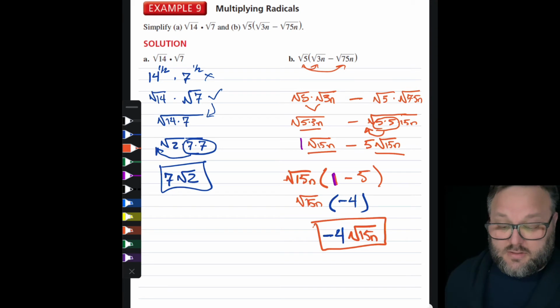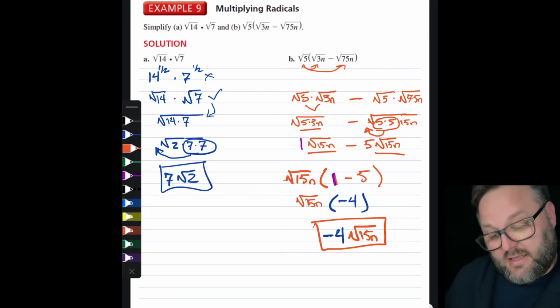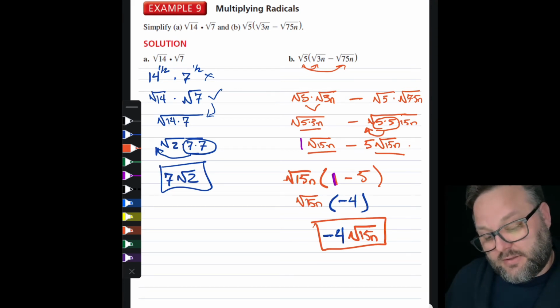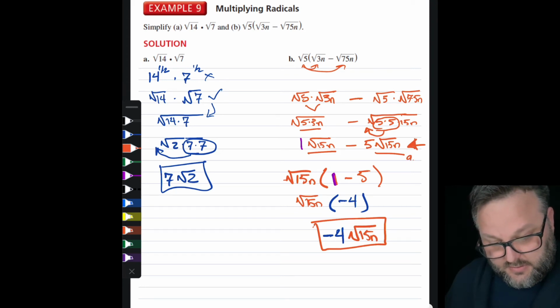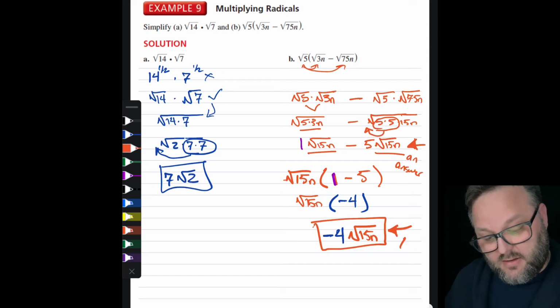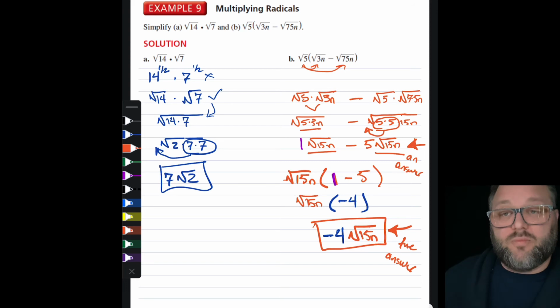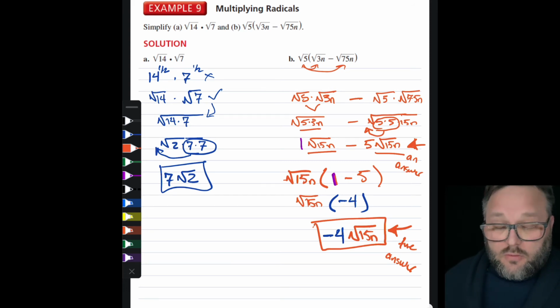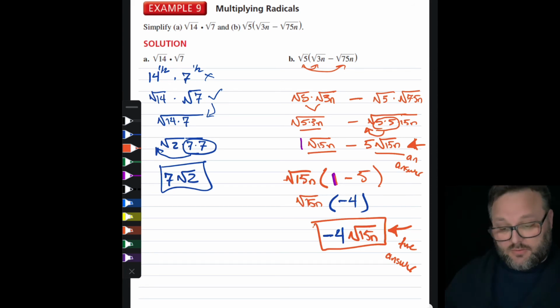While this is an answer right here, this right here, we would get the same answer, but it's the answer. In other words, this is fully simplified. We've been able to get rid of all operations that we're able to. So you do have to go the extra step to do this.